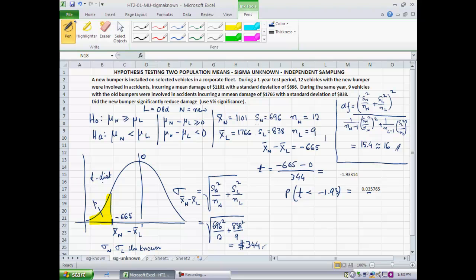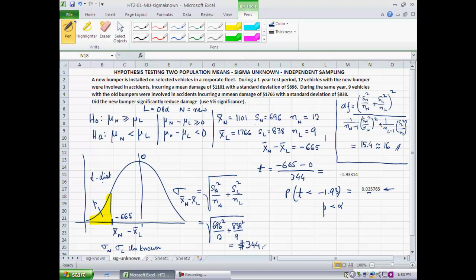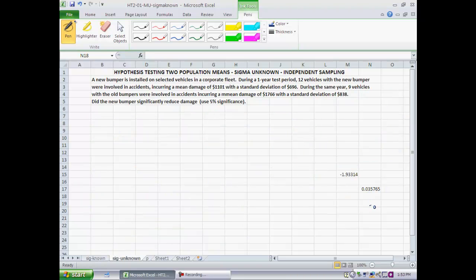So in terms of pure arithmetic, what this means is p is less than alpha. This is the p-value. The p-value is simply the probability of obtaining a sample statistic at least as extreme as the one you got, provided the null is true as an equality. All hypothesis testing starts with that assumption of the null being true as an equality. Since p is less than alpha, I would end up rejecting the null.